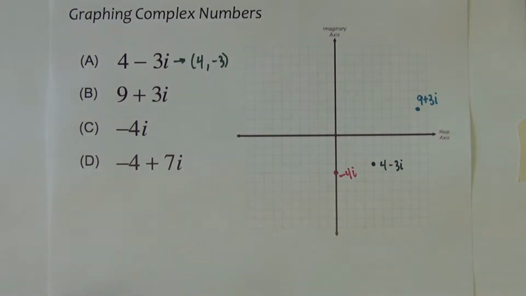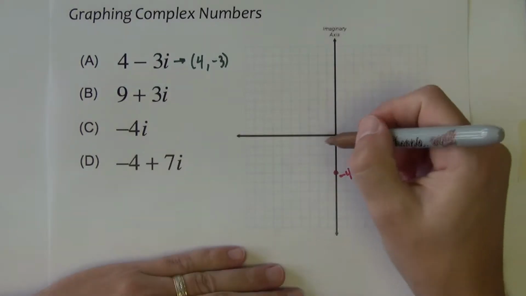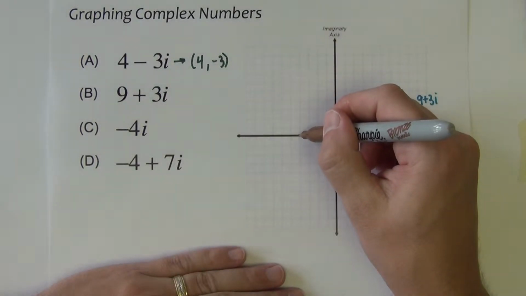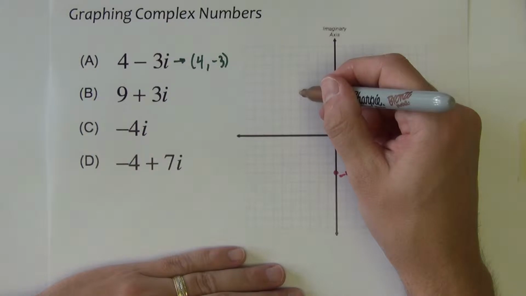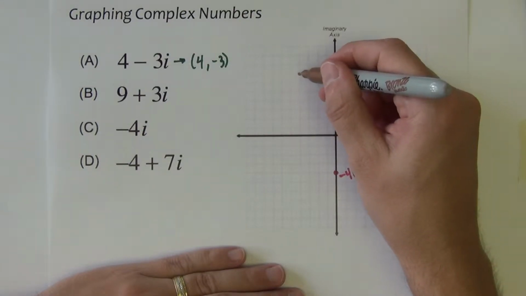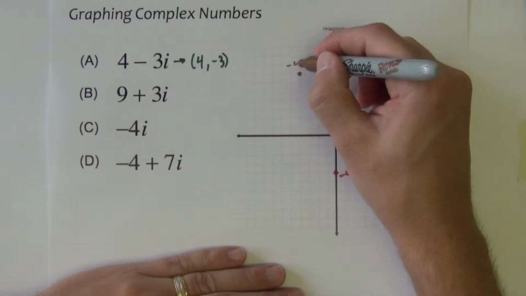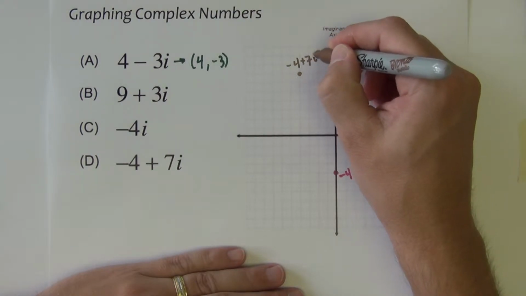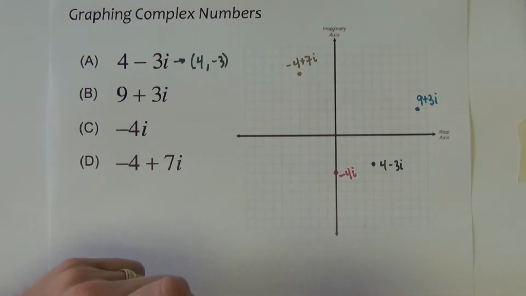The last one, negative 4 plus 7i, goes to negative 4 on the real, 7i on the imaginary. There's negative 4 plus 7i.